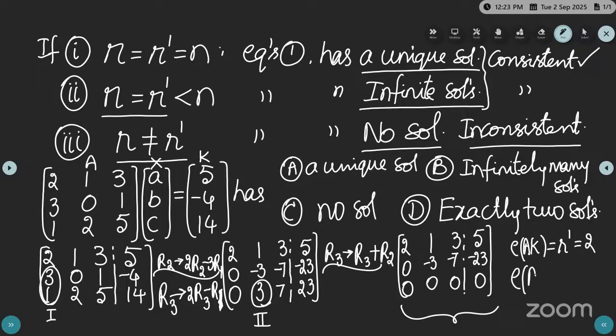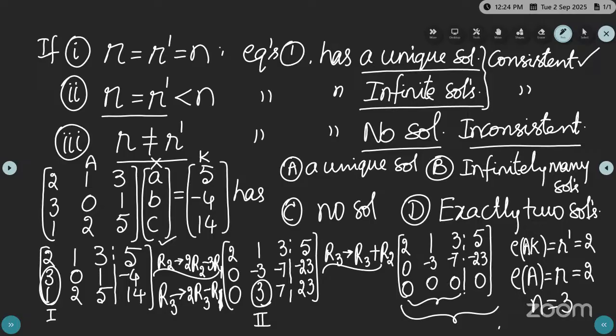Rank of the coefficient matrix, R, equals again 2. Number of unknown variables, how many are there? 3 unknown variables. N equals 3.